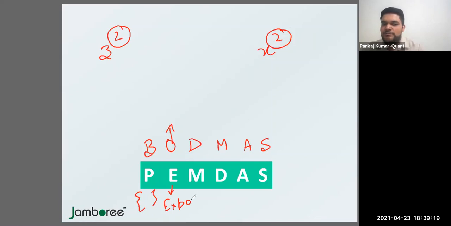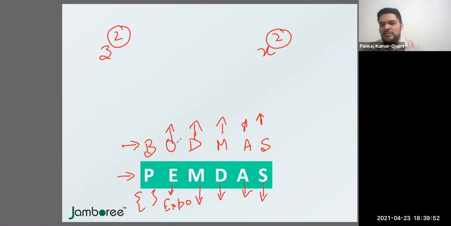If I see BODMAS, B is for bracket, O is for order, which is exponent, then division, multiplication, addition, subtraction. So don't you think it's exactly the same? BODMAS is exactly the same as PEMDAS. So why are we following PEMDAS? Because at least it's giving you the clear picture. E is for exponents. It's not confusing whether O is for "of" or order.